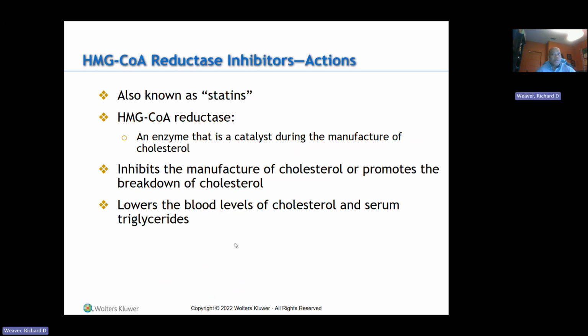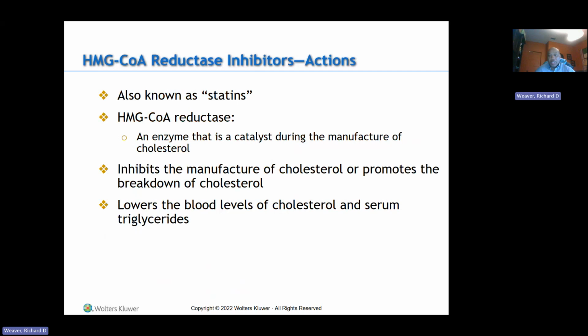All right, so let's get into one of the first drugs here. This is the HMG CoA reductase inhibitor, and in terms of the actions, we'll talk more about that. Now, in addition to reduction of dietary fat in the diet, especially the saturated fatty acids, the anti-hyperlipidemic drug therapy is going to be used in order to lower the serum levels of cholesterol as well as triglycerides.